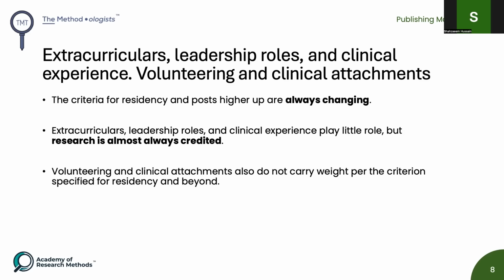And the thing is that for the higher posts, if you're going to become a senior registrar, an assistant professor, an associate professor, or a professor, the research requirements have more or less been constant, as opposed to residency. These days, the requirement is that you have original articles, a systematic review, or meta-analyses.